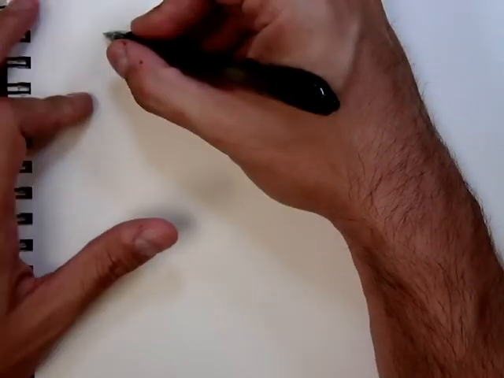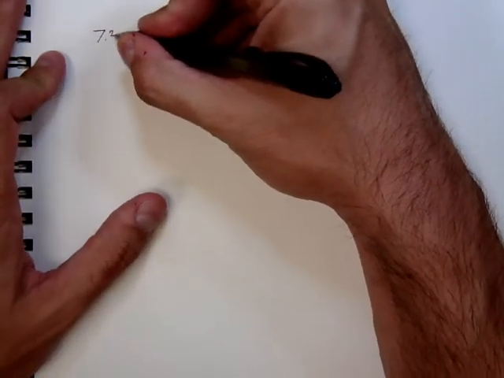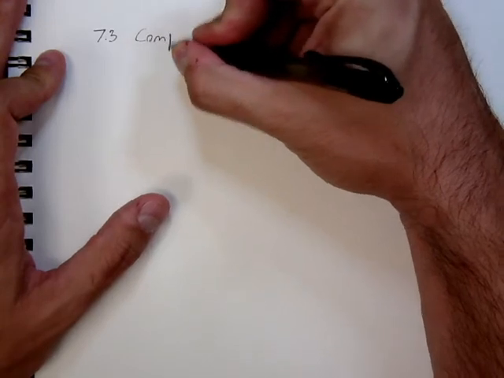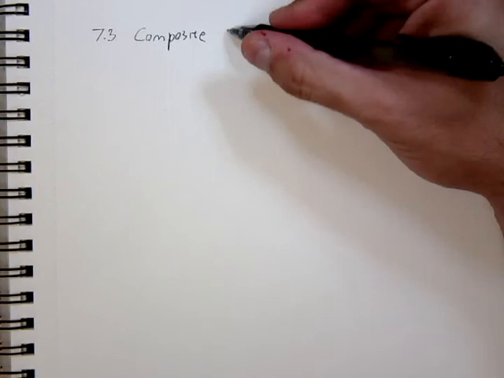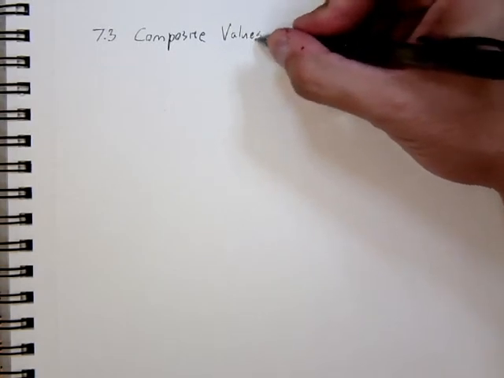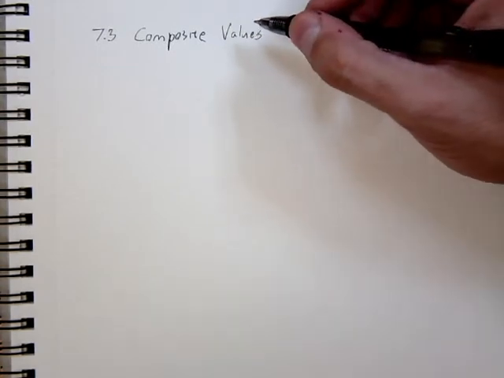All right, so I am now again going to try to talk about 7.3, and we were looking at composite values, which I prefer over the word variables.